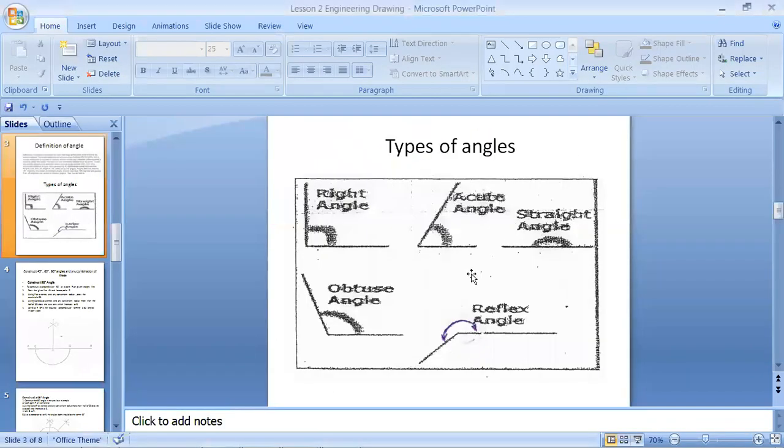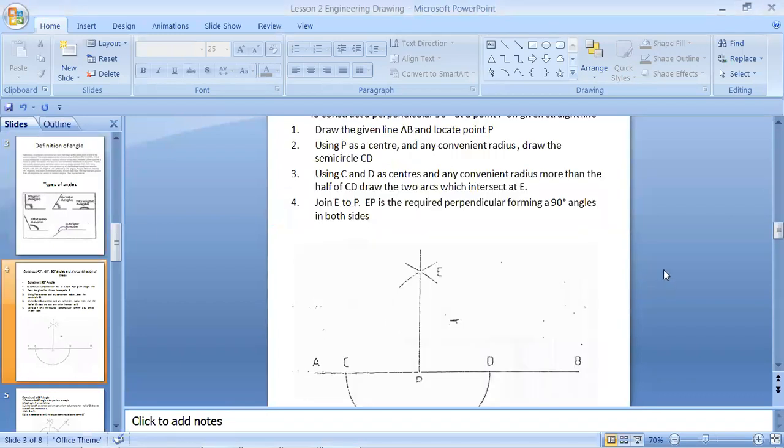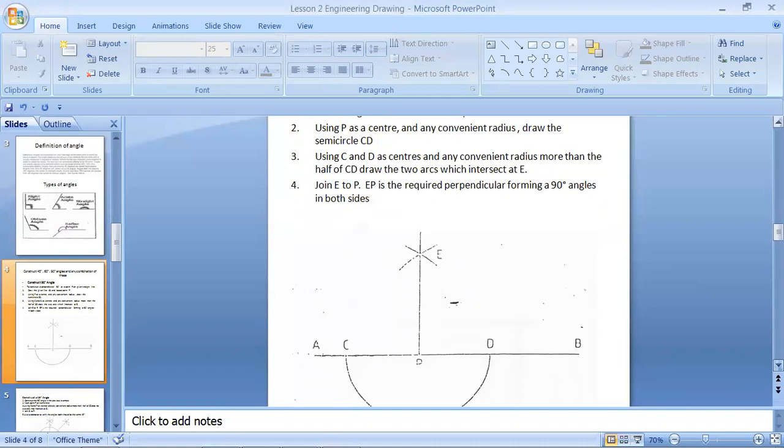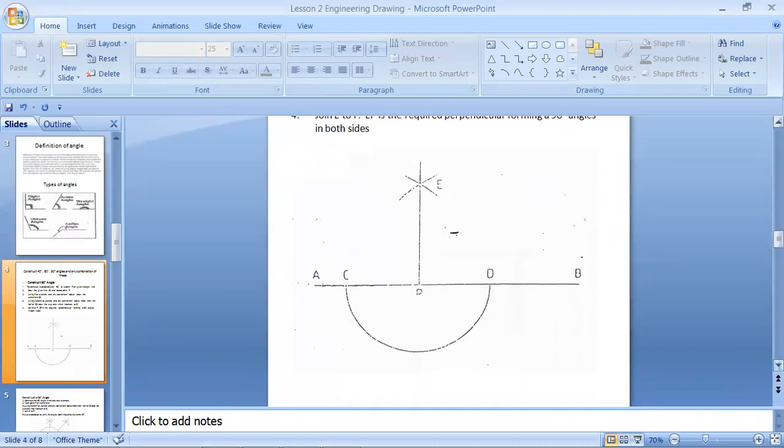All right. The next topic here is how to construct a 90-degree angle. Very simple.